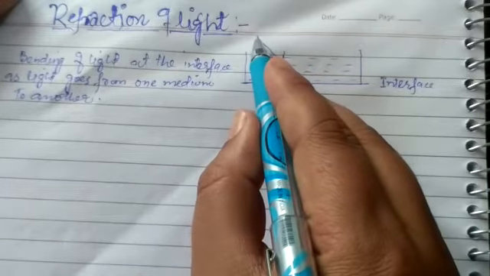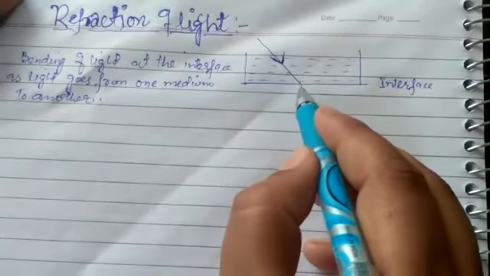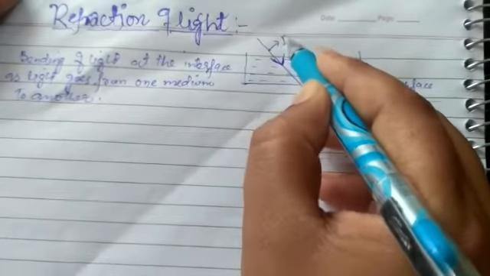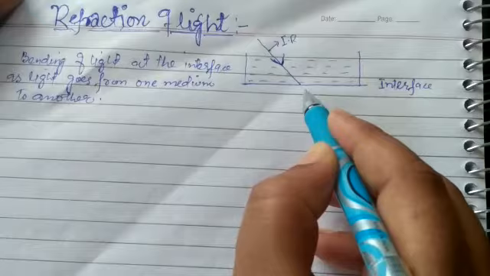So there will be a number of rays, but I will show only one. This ray of light, the incident ray, is moving straight in a particular medium.